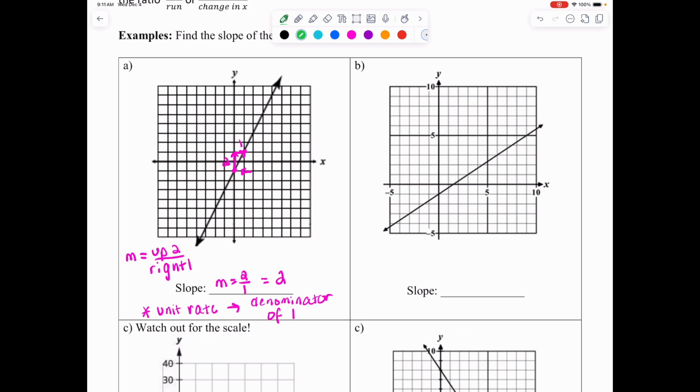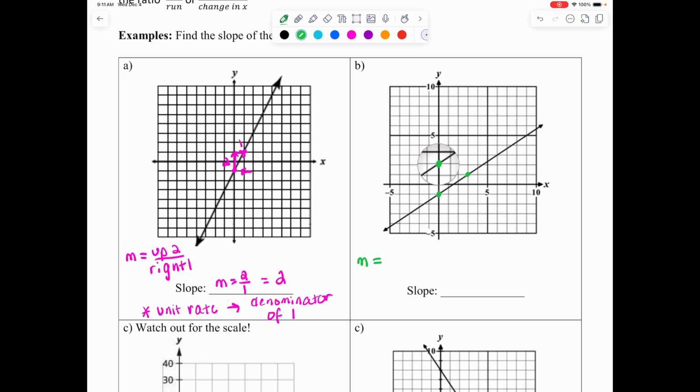All right, let's look at example B. We are going to plot 2 points on the line. So we're going to plot (0, -1) and (3, 1). Points that are next to each other on the line, easily to count because they're landing nicely in the grid marks. And we're going to go down here and put M equals, and we're going to start with the point on the left.